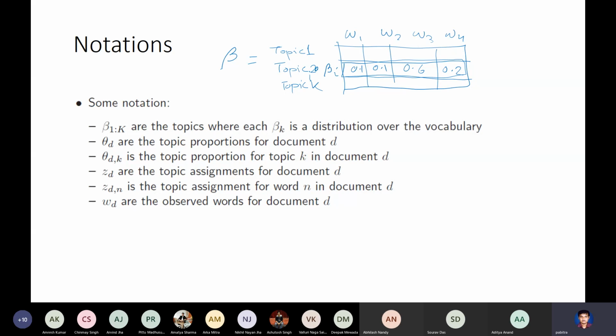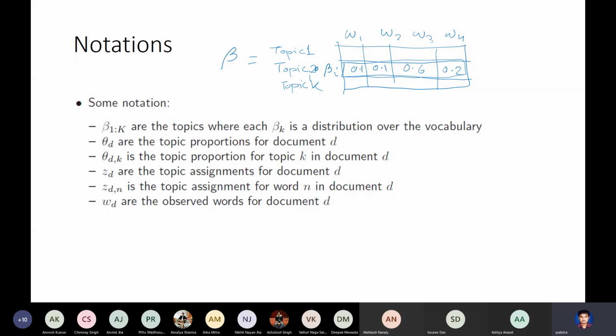Its size is the size of the vocabulary, and it represents the probability of the jth word. So beta ij would be the probability of the jth word belonging to topic i. Okay, so this is the first quantity.